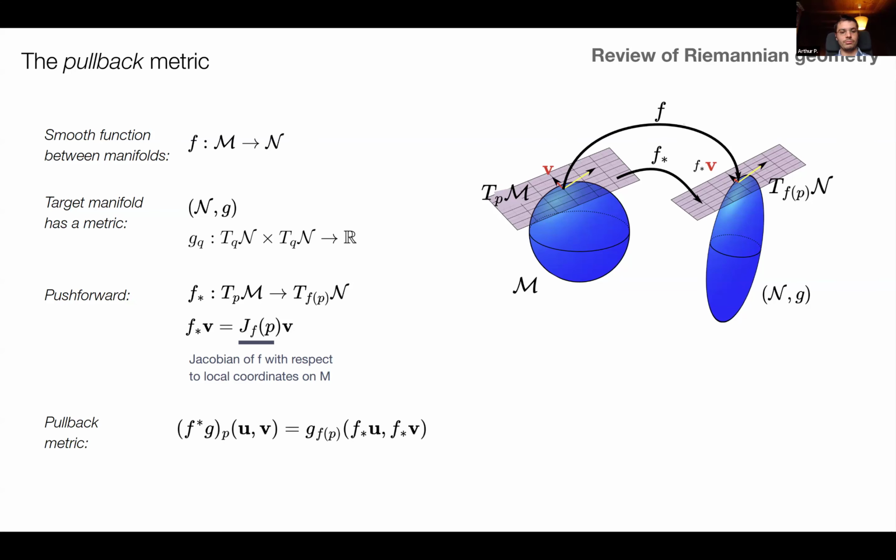If I want to measure the inner product between two tangent vectors u and v in the tangent space of M, I can first push them forward to the tangent space of N, and then measure their inner product with the metric G. And I will call that my inner product on M. And this is what we call pulling back the metric from N to M.